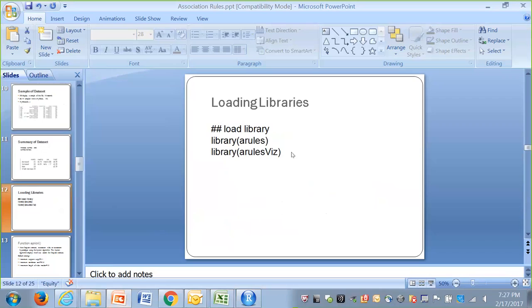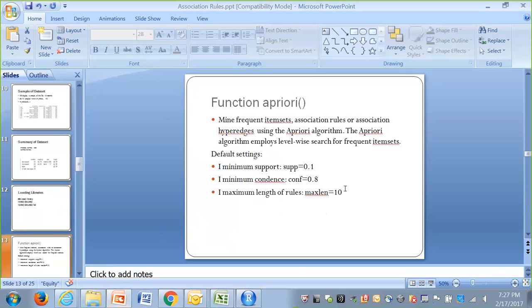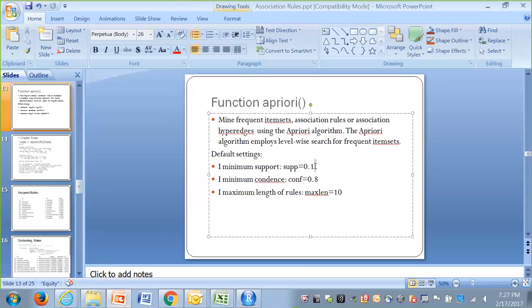Libraries, we went through that. So loading your particular libraries, and the rules function, as I was discussing, comes out of the box with a support of 0.1, a confidence level of 0.8, and a max length of 10.